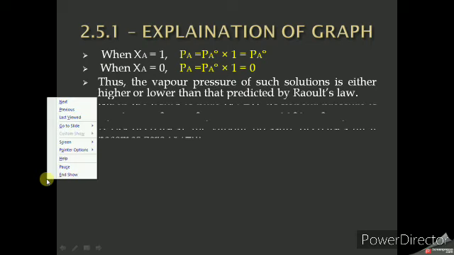Thus the vapor pressure of such a solution is higher or lower than that predicted by Raoult's law. At one state it is higher, while at another state it is lower, so you can check in your graph. Similarly, you can write for the other component.